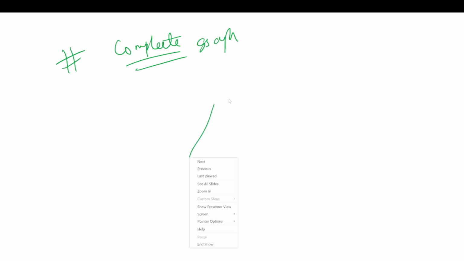Let's talk about the complete graph also. What is a complete graph? So for a complete graph, let's suppose we have a symbol, I forget actually. You can make a hexagon. I'm just trying, don't laugh at me.